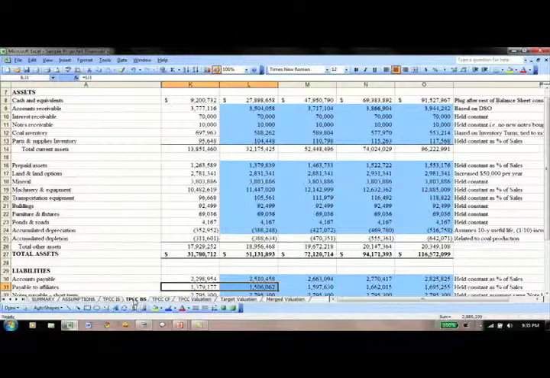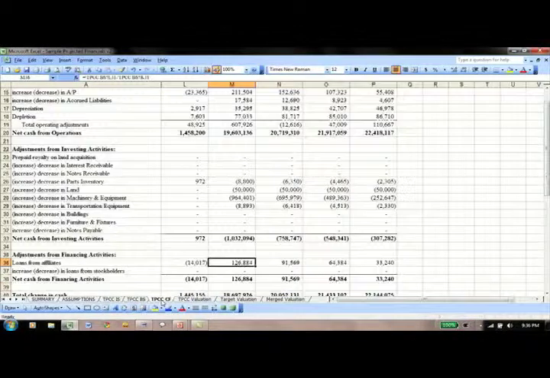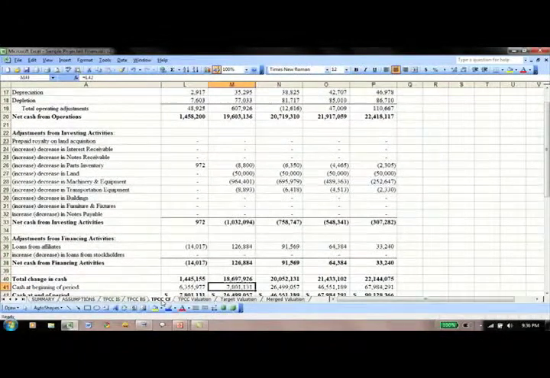Anytime a payable goes up, that means we did not pay cash out and we hung on to our cash. That means that's a positive impact on our cash flow, which is why you have the positive 126. And so you get the net cash from financing and then you add it all up and you have your total change in cash.